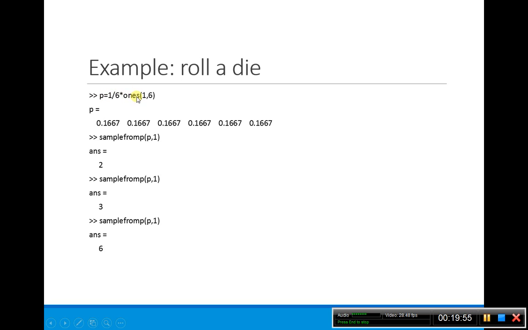This produces a vector of length 1 by 6 with all ones in it, and I multiply it by 1/6. So I just get a vector of 1/6, 1/6, 1/6. I put this vector in here, and I draw one number. So on the first time I draw a 2, I draw a 3, I draw a 6.